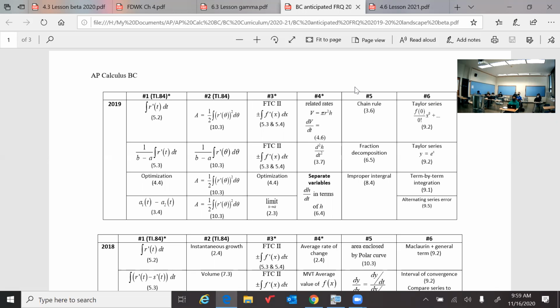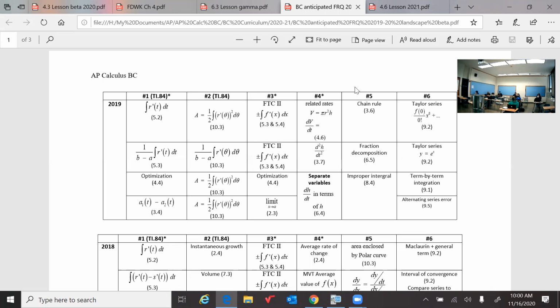This asterisk up here tells you whether that was common to the AB test. So you'll see 2019, the first 2 questions use a calculator, the last 4 no calculator. 1, 3, and 4 were common questions to the AB. Then 2 and 5 were different questions than AB got, and 6 is always a chapter 9 question.